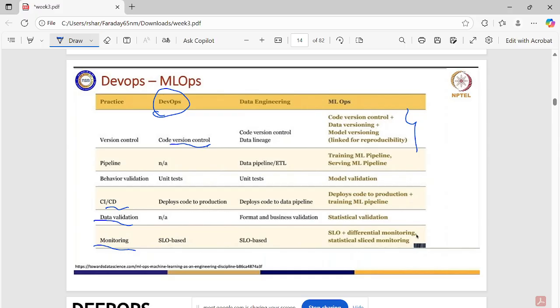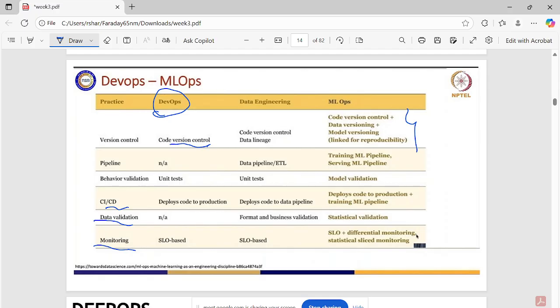When we talk about the pipeline, initially DevOps did not have any concept of pipeline because we only had to ensure version control. But with data engineering came the data pipeline, ETL, etc. So data engineering came into the picture. In MLOps, it was modified into a training ML pipeline and a serving ML pipeline.